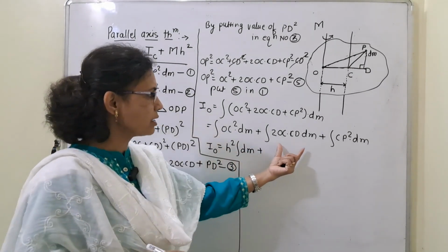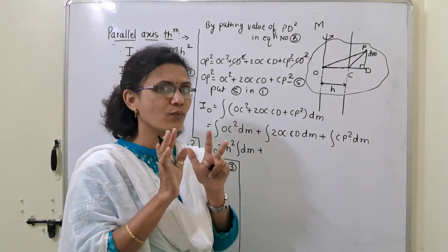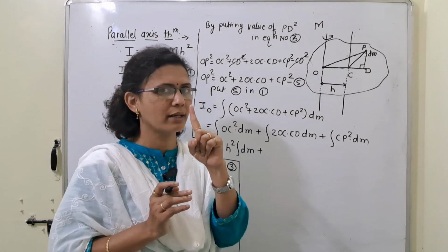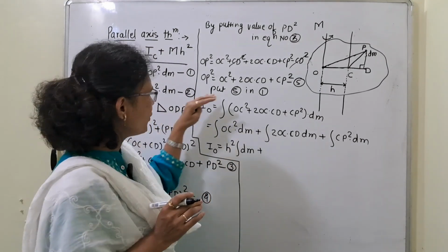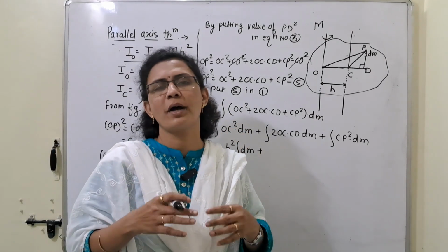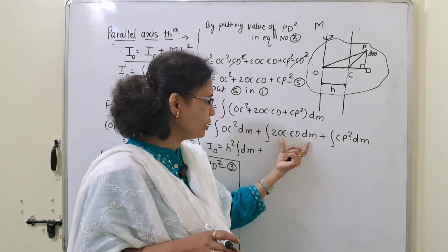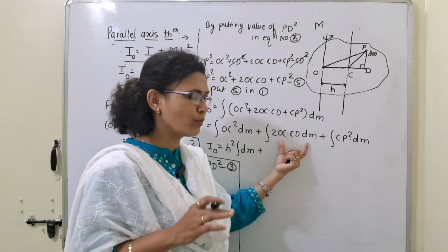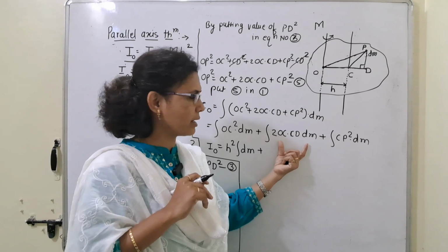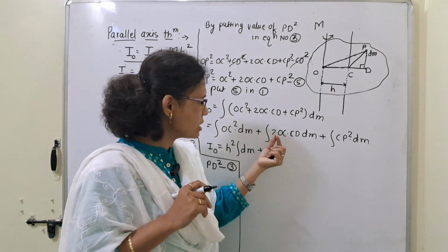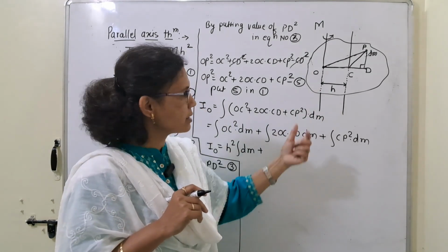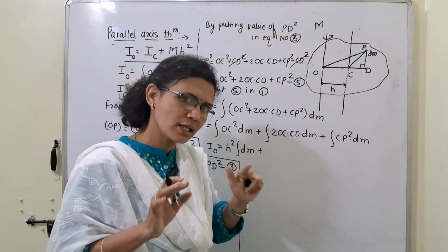Now, this term and its explanation is very important in the case of the parallel axis theorem. Up to this point, you will write the derivation by using the Pythagoras theorem and all. But here, when you write the explanation for this term, you have to remember that 2 is constant, OC is h, it is also constant.